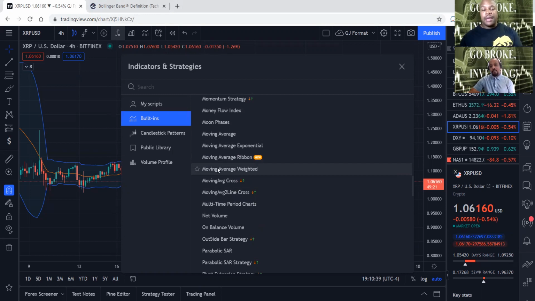So Leon likes the SMA. I like the EMA, the exponential moving averages. I like Bollinger Bands. Somebody else might like the RSI. So it's nothing to say that one is better than the other. It's basically, what do you find as an effective tool? What works for you?